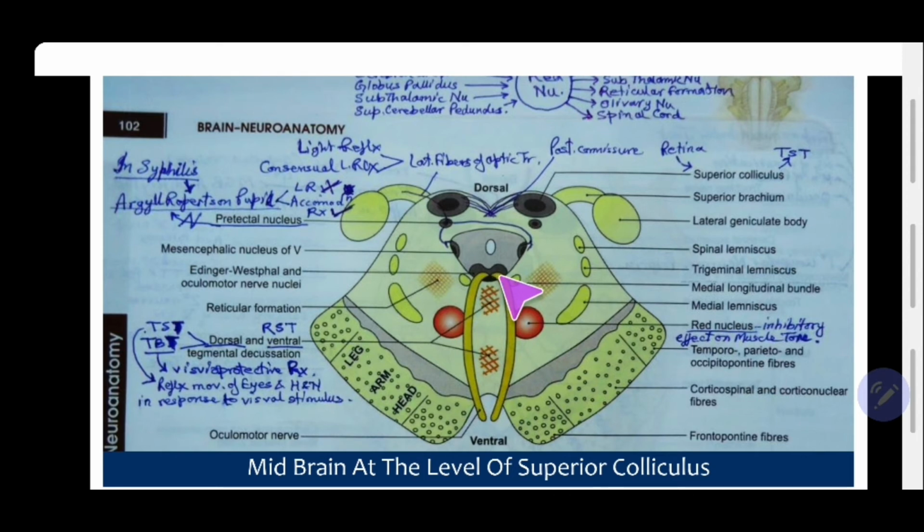An important point about this is that the oculomotor nerve nucleus is so much ventromedially placed that the two nuclei fuse in the midline inferiorly, and as I told you, it is a nuclear complex.